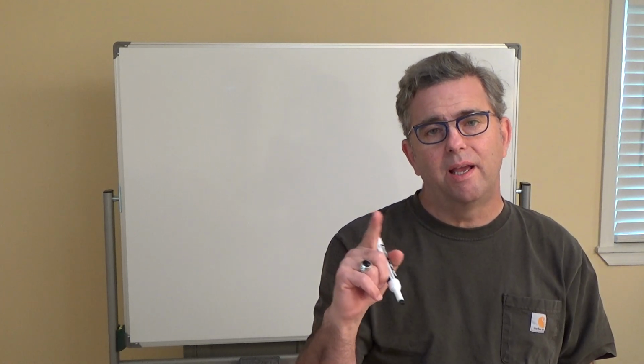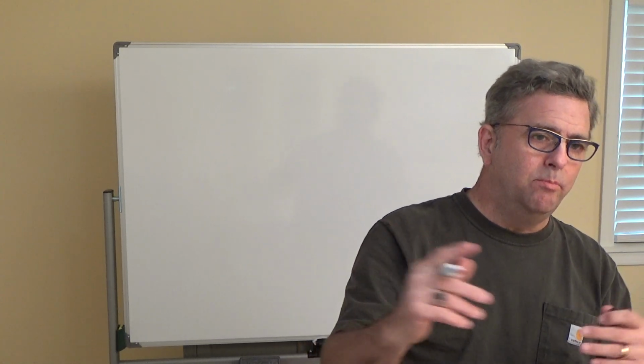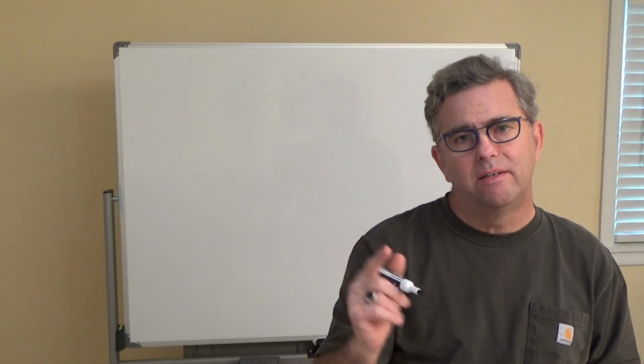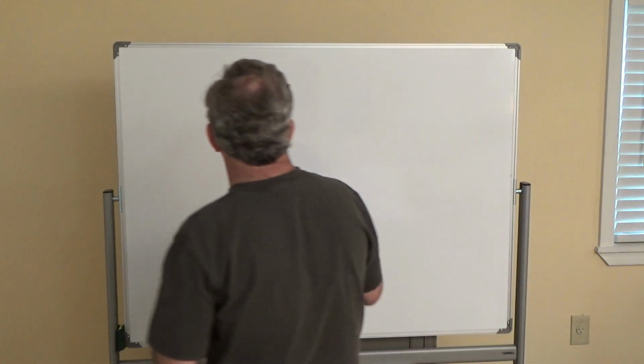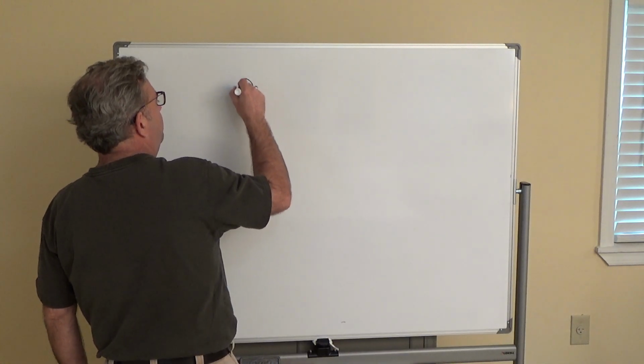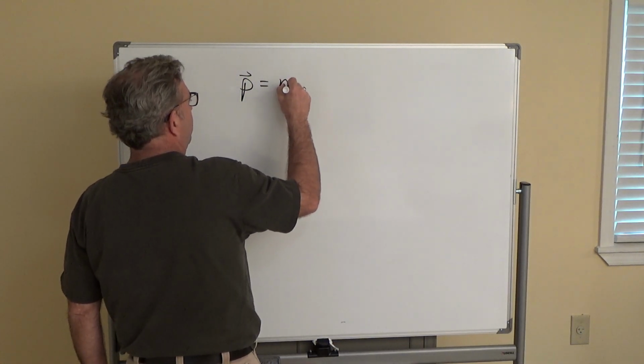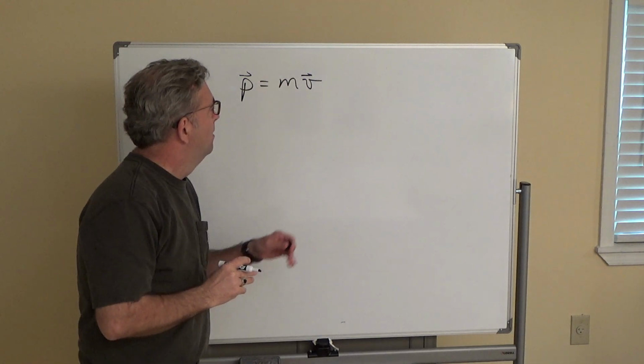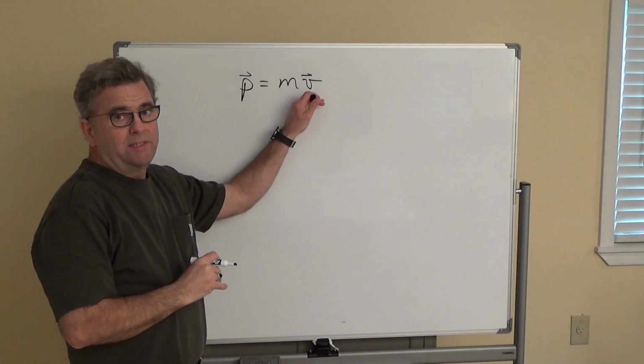Later on we'll get to angular momentum, so objects that are rotating, objects that are moving and rotating, may have linear momentum and angular momentum. Okay, so momentum is a vector, obviously. Maybe that's not obvious, but velocity is a vector.